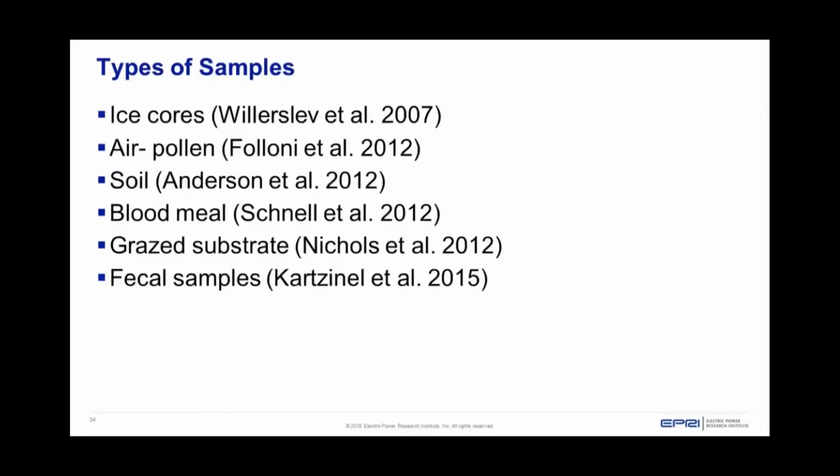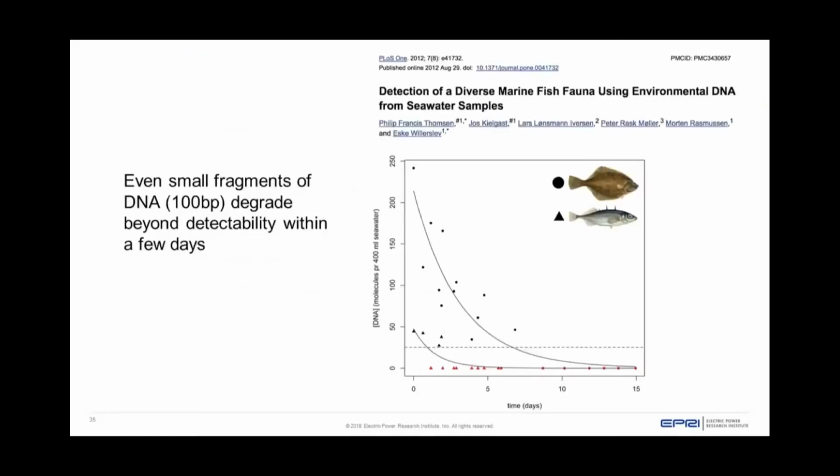So we target small fragments, and people always ask the question, but we target small fragments because even small fragments of DNA, like 100 base pairs to 150 base pairs, which is usually where we target for DNA, they degrade beyond detectability within a few days, particularly in aquatic habitats like seawater samples, which is where I spend a lot of my time working. So you can say then relatively recently that organism was in that particular habitat.